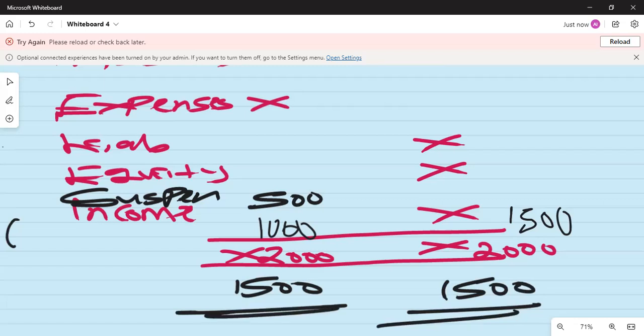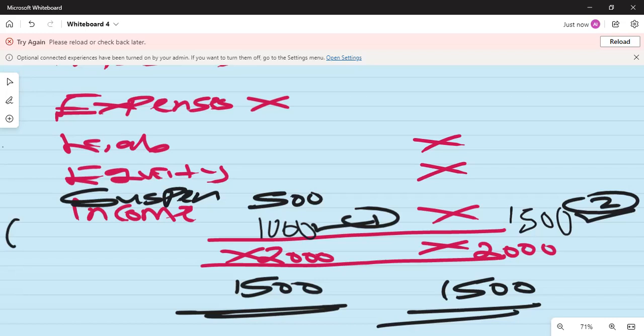In the first place, I'm having 1,000, and here I'm having 1,500. Two of them do not agree. In that situation now, the credit side is more. It can be either: the debit can be more than the credit, or the credit can also be more than the debit.